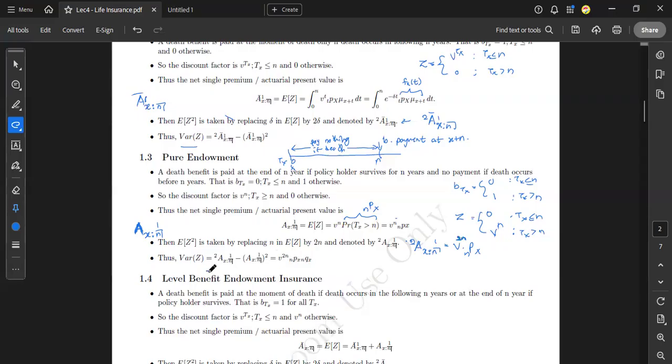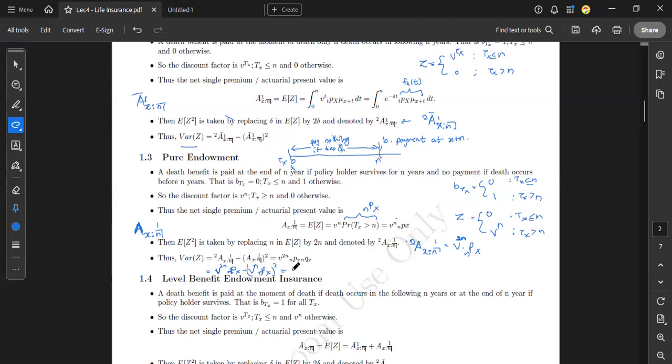So it is just changing the form. For this one, it's v^2n nPx. For this one also, it's minus (v^n nPx) to the power 2.